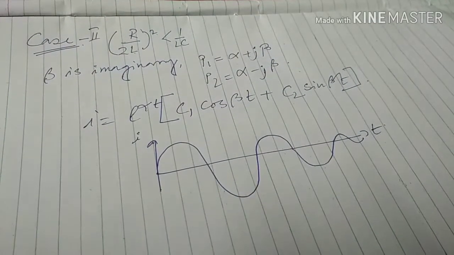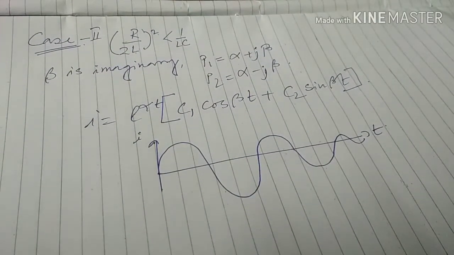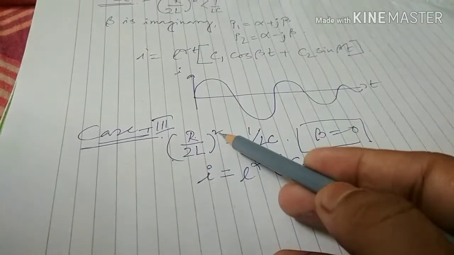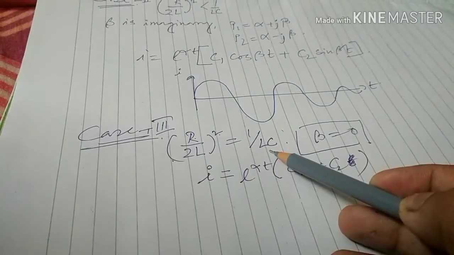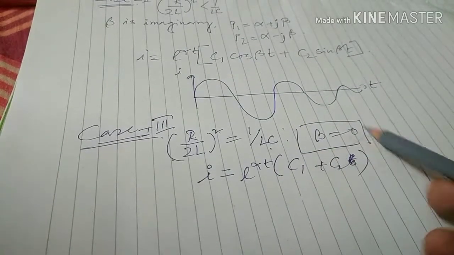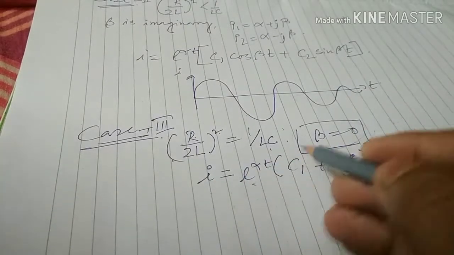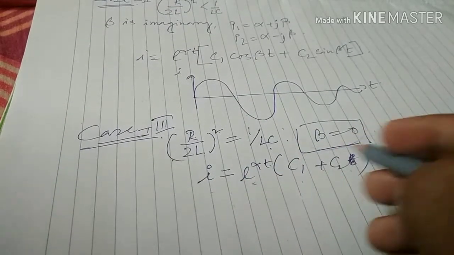Now the third case. In case 3, when (R by 2L) whole square equals 1 by LC and the discriminant becomes 0, the current becomes e to the power alpha t into C1 plus C2 t.